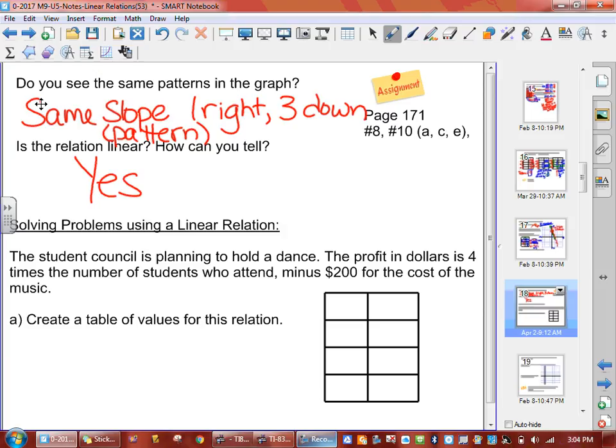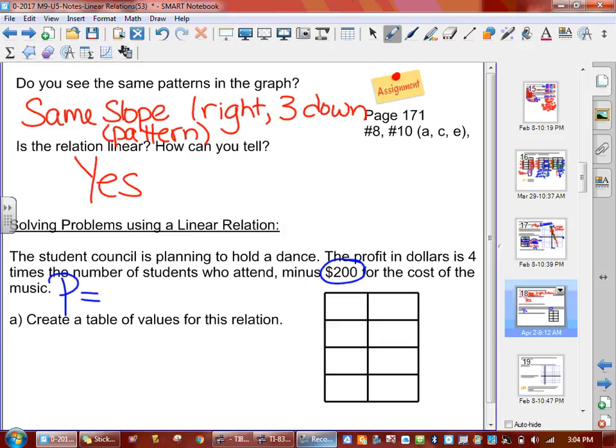And it says the profit in dollars is 4 times the number of students who attend, minus the 200. So we're talking about a profit one. So the profit is going to be $4 times the number of students, subtract $200. Okay?